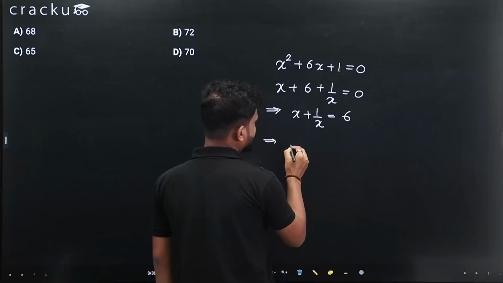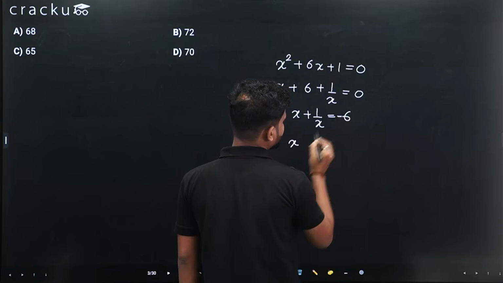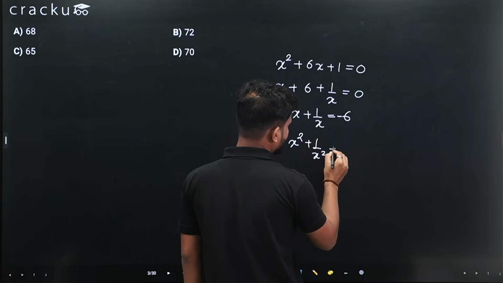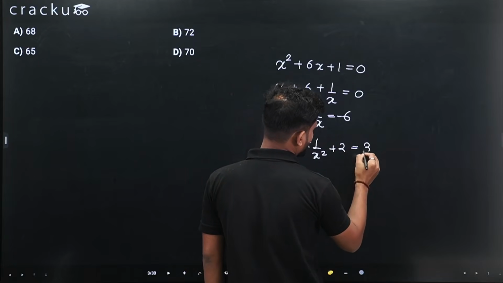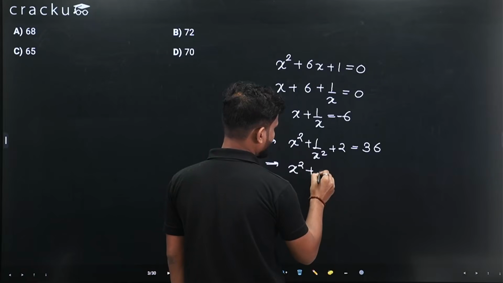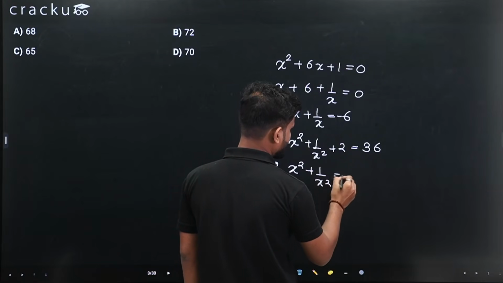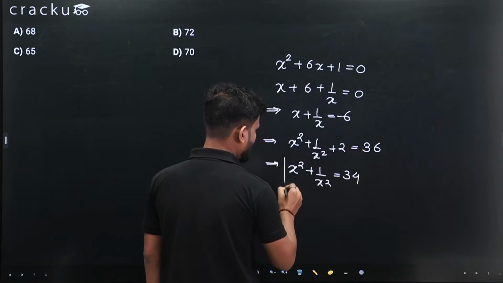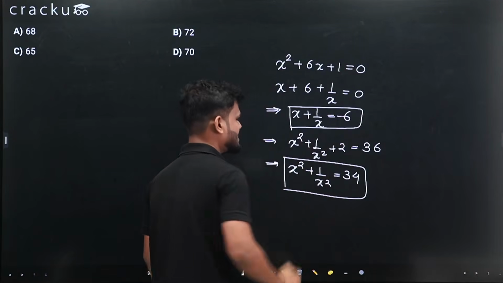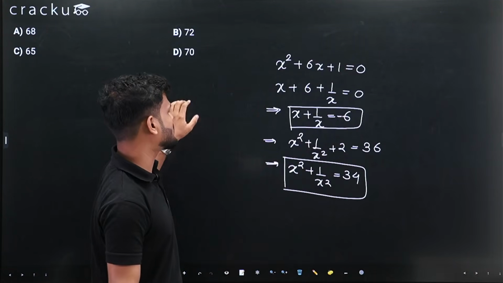If you square both the sides, you will get x square plus 1 by x square plus 2 is equal to 36, or x square plus 1 by x square is equal to 34. So you got your two equations: x plus 1 by x equal to minus 6 and x square plus 1 by x square equal to 34.